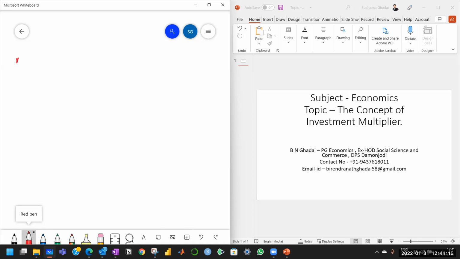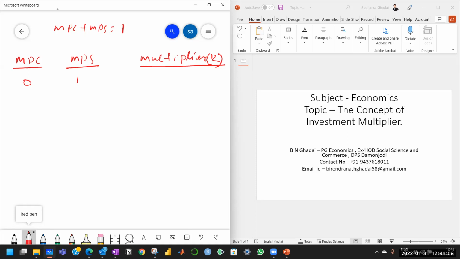Here we take MPC, then MPS, and then multiplier, that is K. When the value of MPC is 0, you must know what the value of MPS will be. As you know, MPC plus MPS is equal to 1. So if MPC is 0, MPS will obviously be 1.